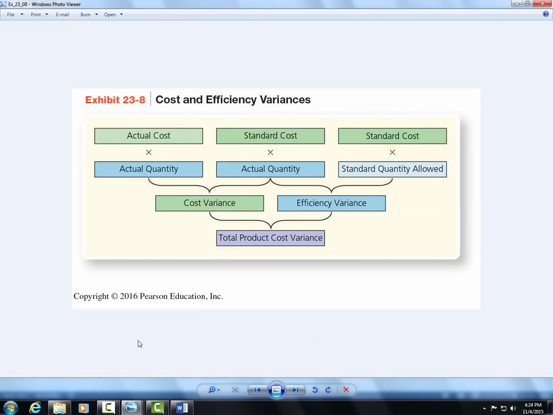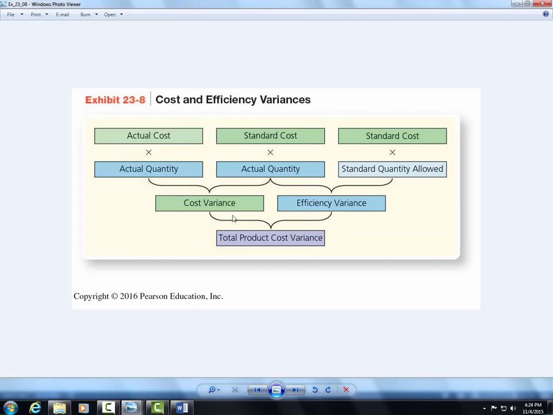We're going to use the standards that we develop after we consult with the other departments. We're going to use these standards to calculate variances. We're going to calculate a cost variance and an efficiency variance.